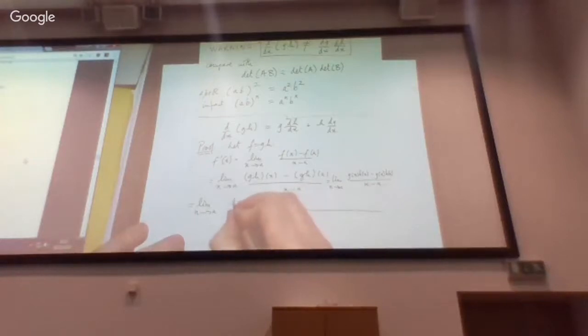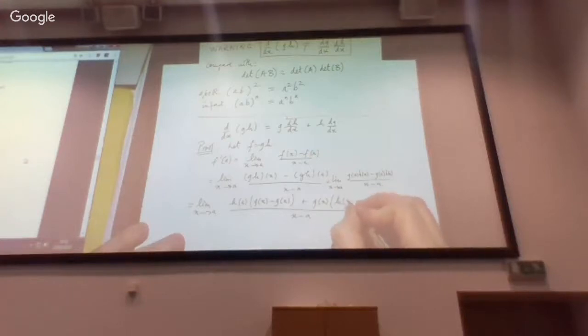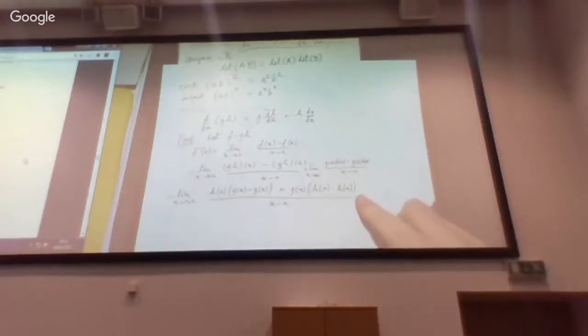Okay, and then we rewrite it as follows. We take the quantity h of a and multiply that by g of x minus g of a, and then we take the quantity g of x and multiply that by h of x minus h of a. So we're going from this expression on the right to this one here.